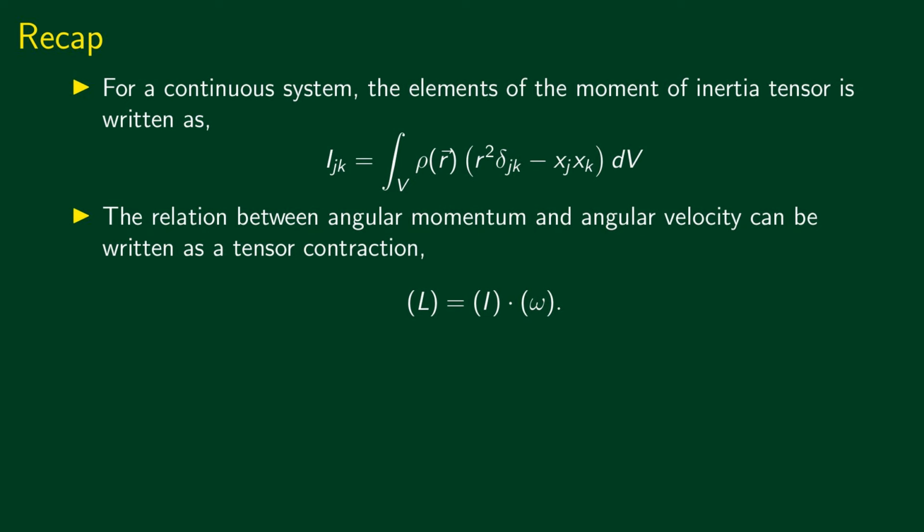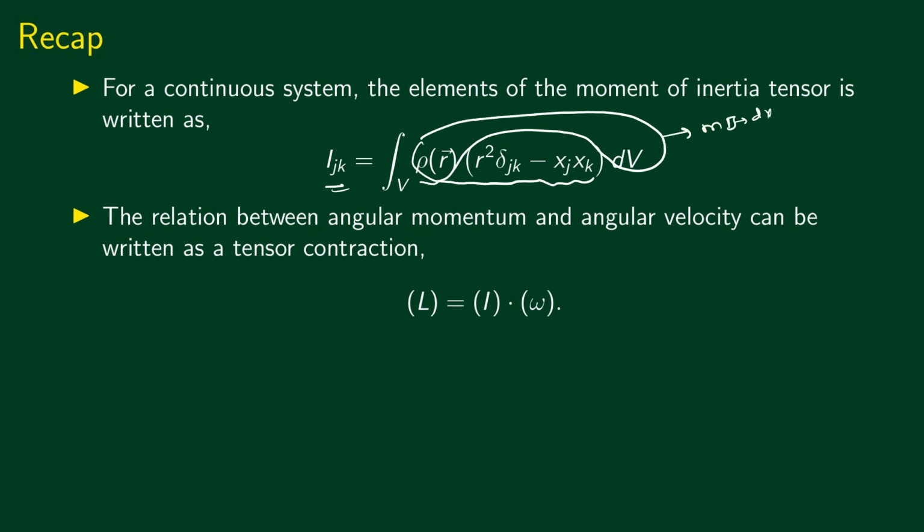Then we wrote down the elements of the moment of inertia tensor for a continuous system. There we had I jk is equal to the volume integral of rho of r vector times r squared delta jk minus xj xk. Here, rho of r vector multiplied by dV gives the mass corresponding to a small volume element dV.